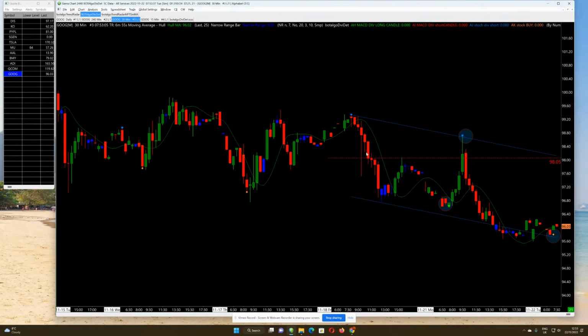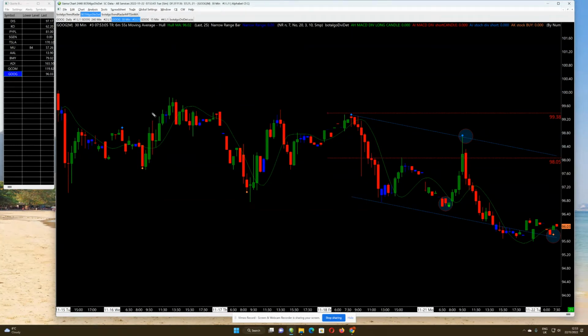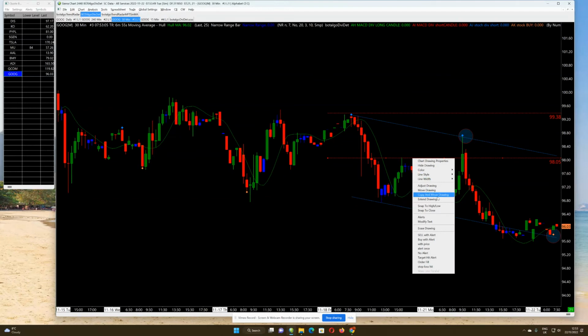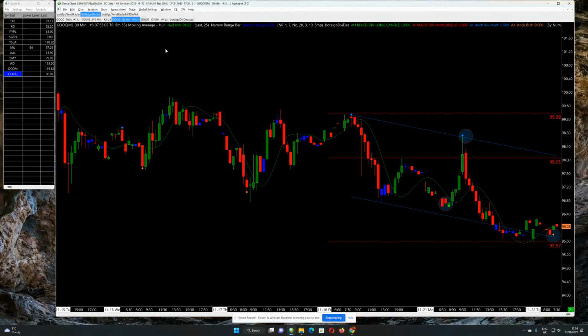And then if it breaks that, then we'll be looking at further pivots as your potential targets. And then for the stop, it'd be below the previous pivot, potentially. So you've got a half point there.